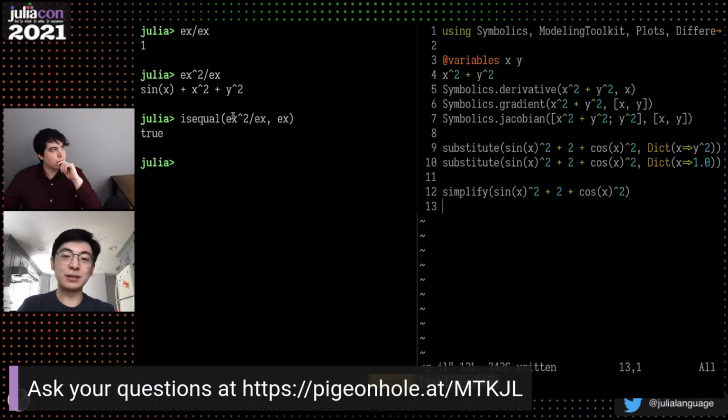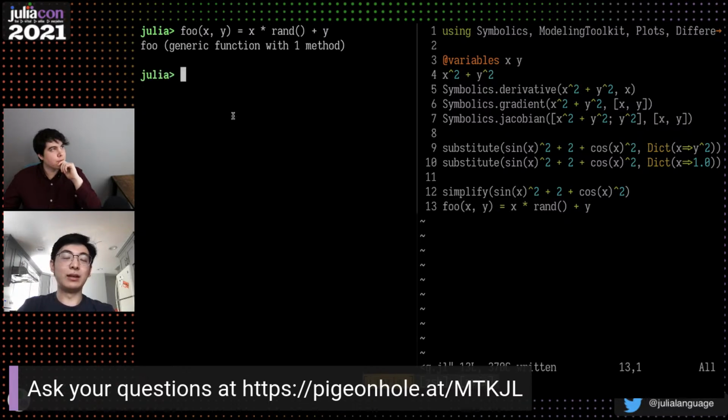But sometimes maybe you don't really want symbolics to trace into the function. For instance, if your function has some randomness or stochasticity, then you probably don't want to do it. So for instance, if I have x multiplied by a random number plus y, then you will run into the XKCD problem, right?